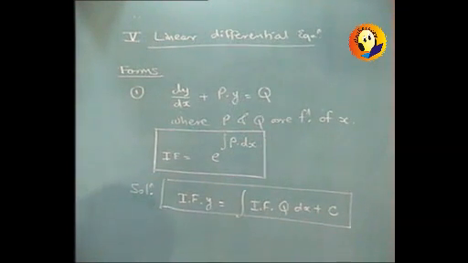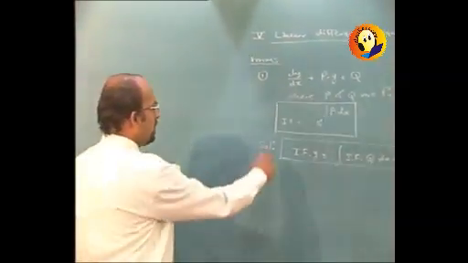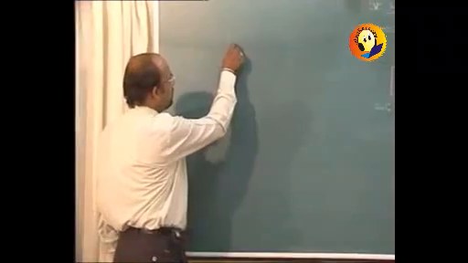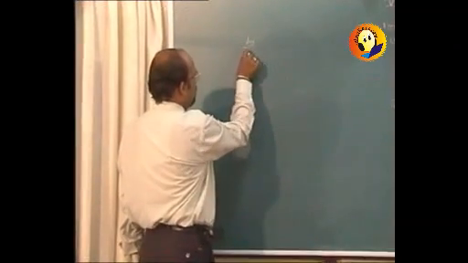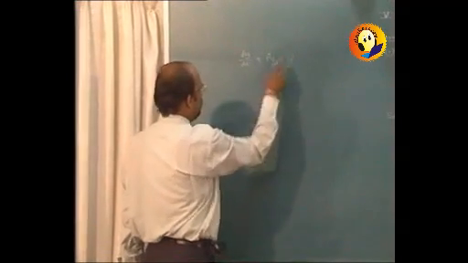This is going to be the solution of linear differential equation in form 1. Of course, though the proof is not expected, we will just have a look at how this particular integrating factor has been found out. The given equation was in the form dy by dx plus py is equal to q.